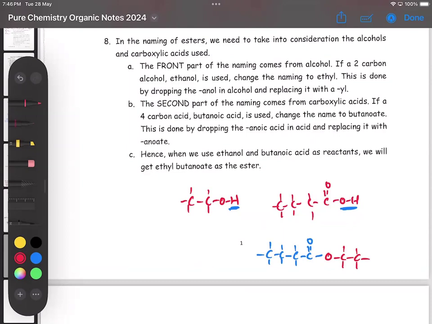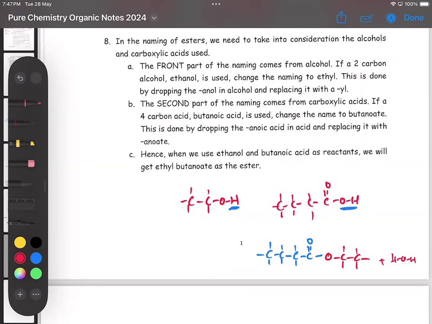Any questions? It's just dropping a H. Okay, dropping a H from the alcohol side, dropping an OH on the acid side, and then when they drop, we just combine them, and then we get water produced.